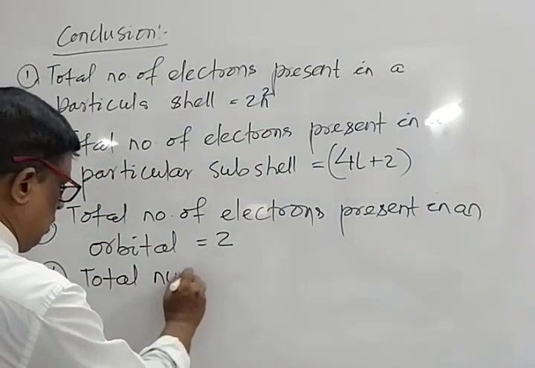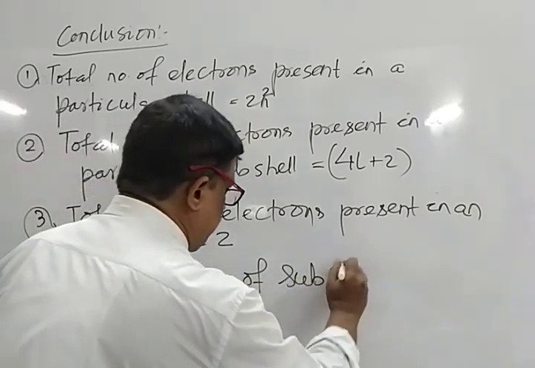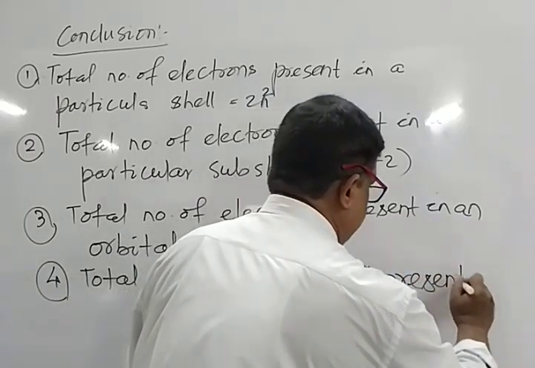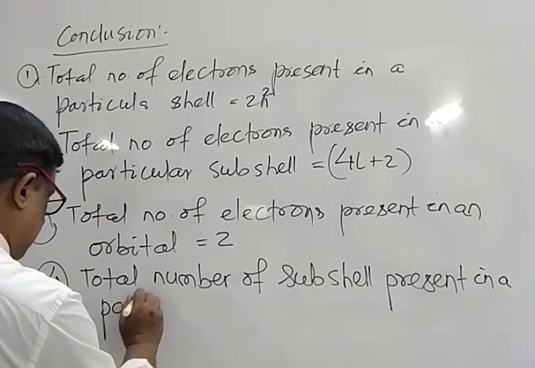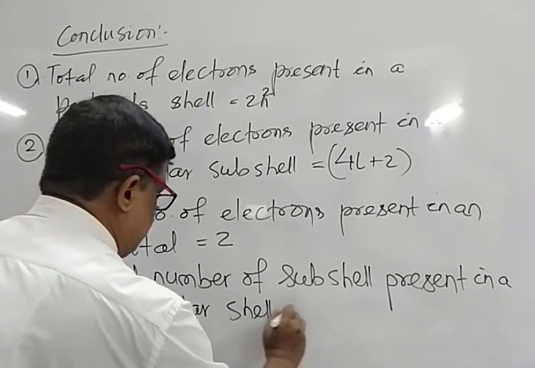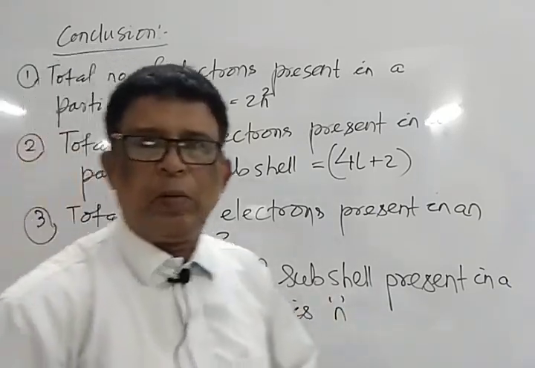Next point 4. Total number of subcells present in a particular cell is n. N stands for principal quantum number.